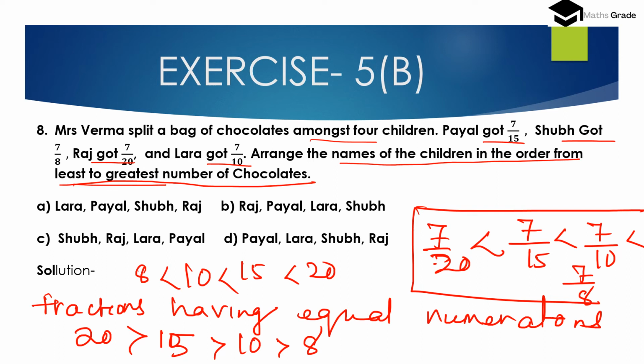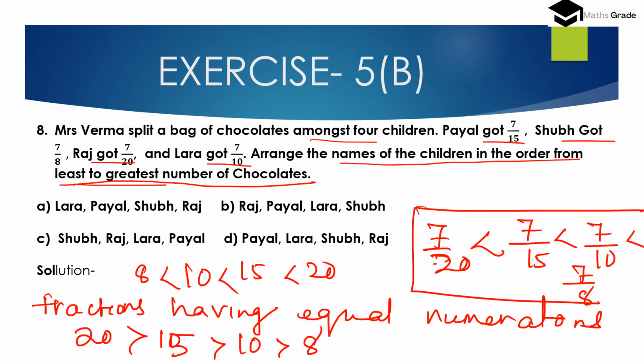Arranging these fractions in ascending order, that is smallest to greatest, all the fractions have an equal numerator, 7. When we compare fractions having equal numerators, the bigger denominator gives the smallest fraction, and the smaller denominator gives the greatest fraction. So 7/20 is the smallest fraction, and 7/8 is the greatest fraction.